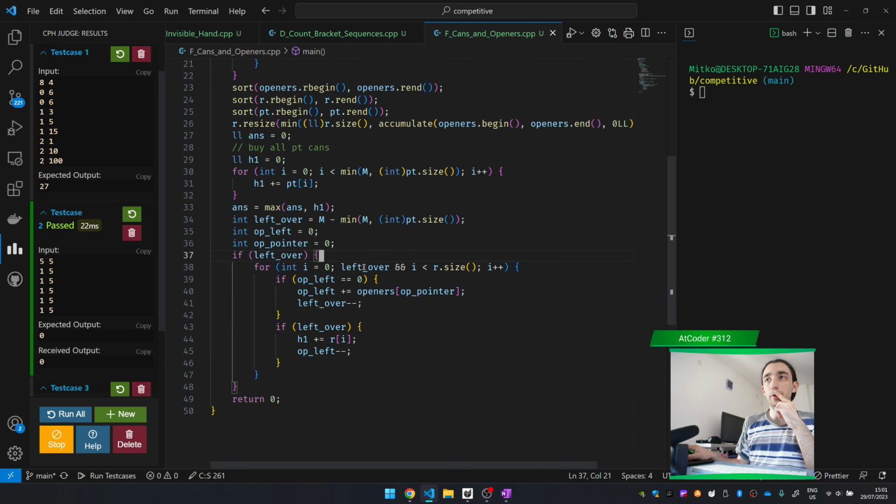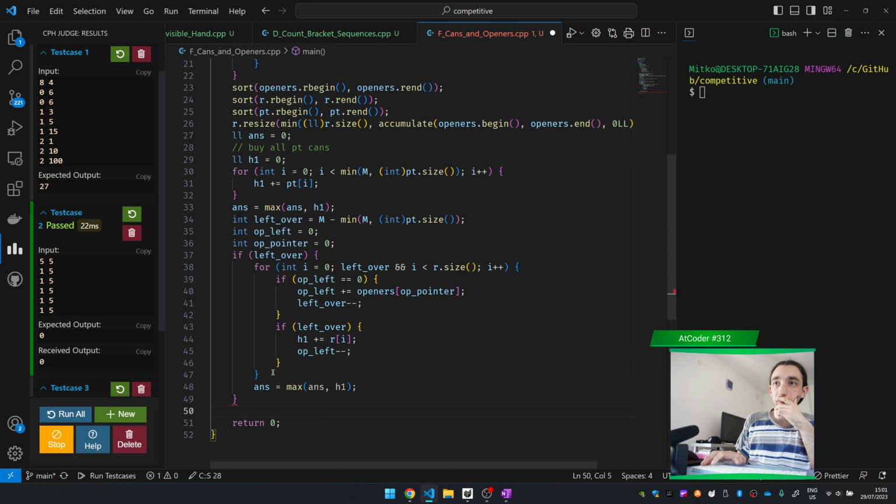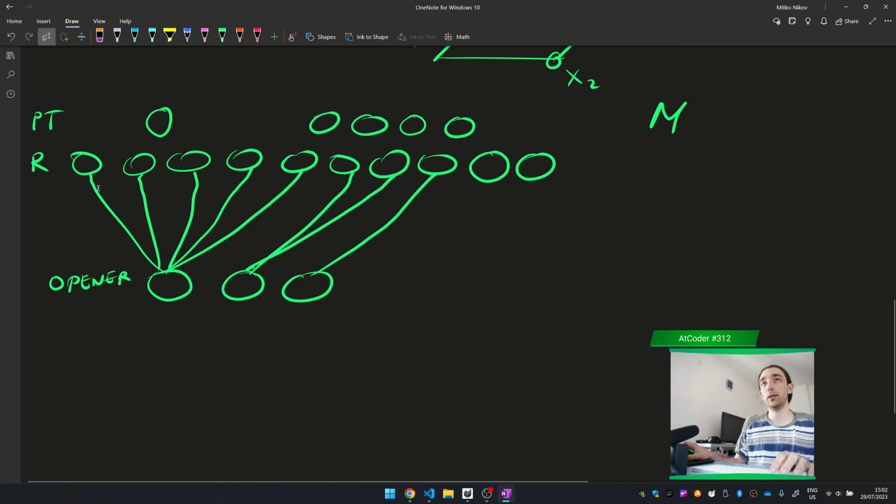This is how I buy them, and this is as much as it's left over. It will come to a point when there's no leftover, and that's pretty much it. And then the answer is max answer at H1, right? But okay, so we bought everything. Buy all PT cans priority, and then buy all of these. And now I need to reverse my decision for some PT cans and then try to buy some other things.